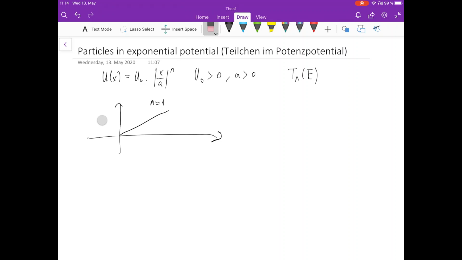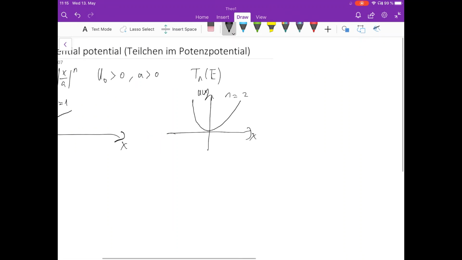Maybe I should have drawn it better because they are symmetric. So maybe like this. Yeah. And this is x and U(x). For n equals 2, it's a quadratic function. So something like this, maybe. U(x) and x.